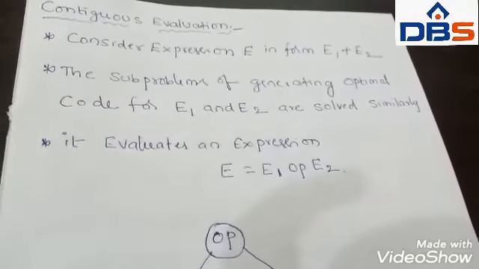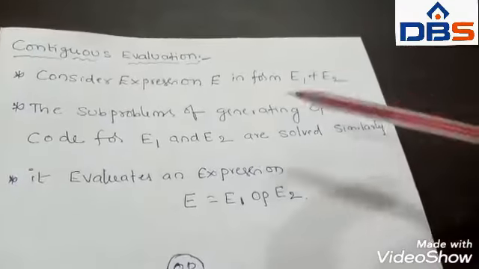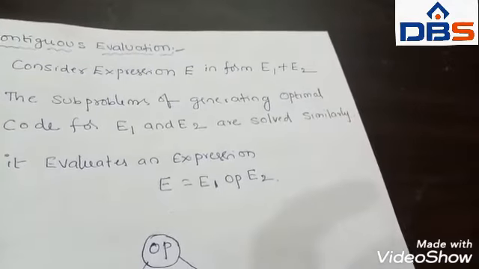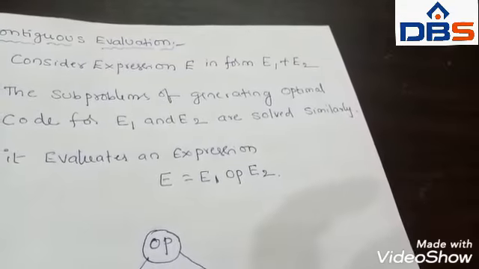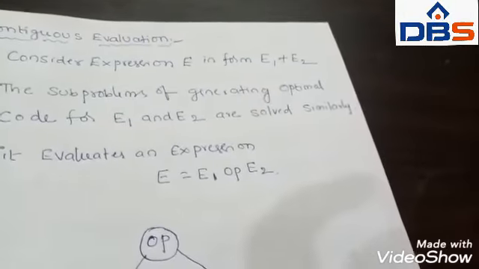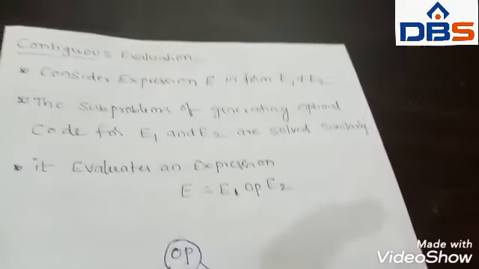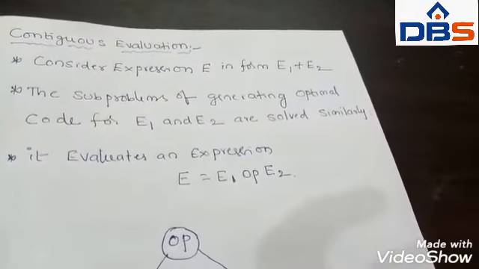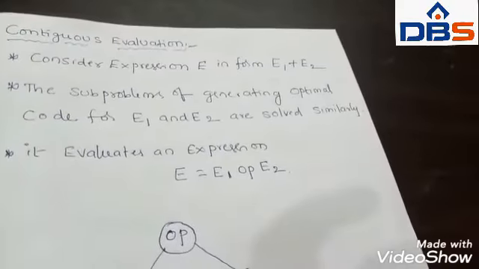As a simple example, consider an expression E of the form E1 plus E2. An optimal program for E is formed by combining optimal programs for E1 and E2 in one or the other order, followed by code to evaluate the operator plus. The subproblems of generating optimal code for E1 and E2 are solved independently.